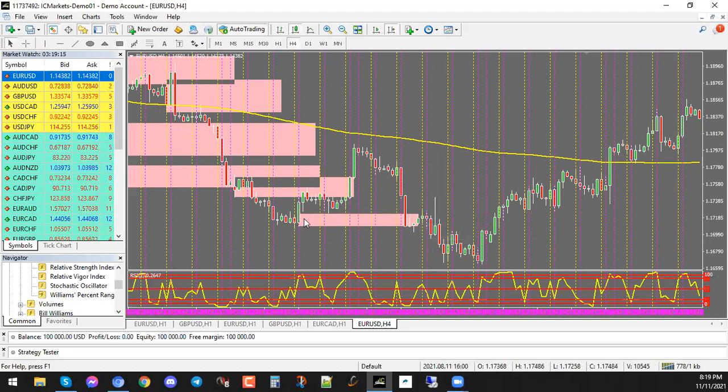Okay, so these are more smaller order blocks. But what we want to look for is more of the bigger order blocks, the stronger ones. These kind of help us to be able to map out price, how it's going to unfold. But what we really want to look for is where we can catch these nice big moves.